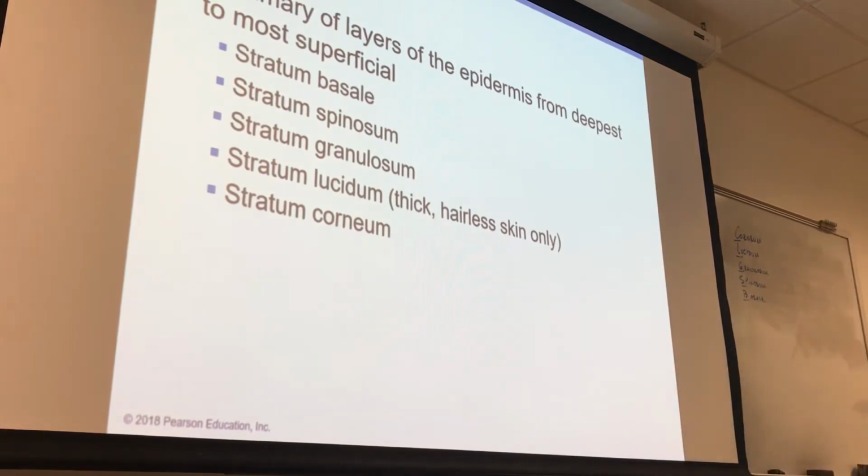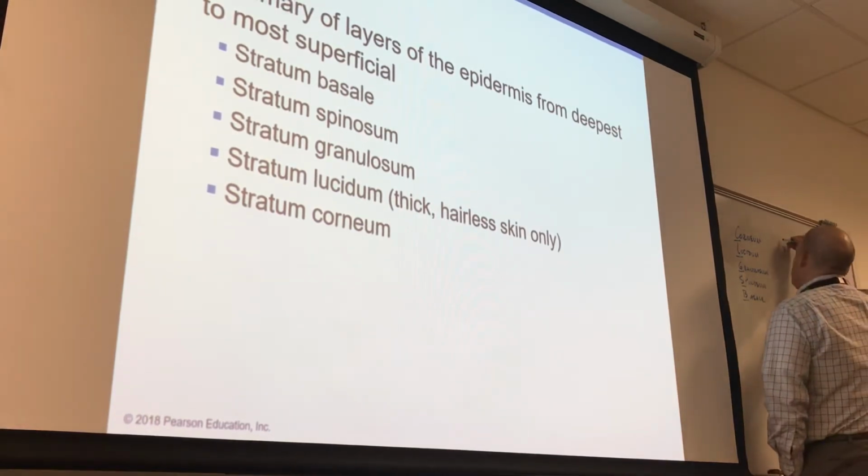I'm a big fan of mnemonics, and these are the five layers of the epidermis from superficial to deep. I had a mnemonic years ago, and to the life of me I can't remember what it was, because a female student one time came up to me and said, I came up with the perfect mnemonic for the layers of the skin. I'm like, all right, hit me with it. And then she did, and I'm like, all right, that's my new mnemonic.